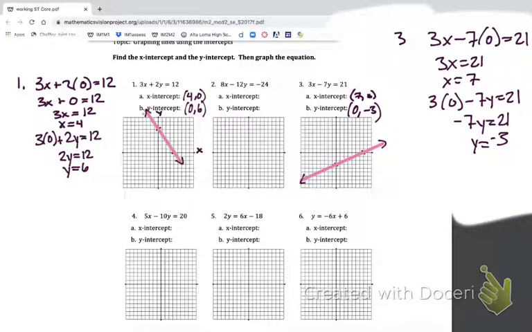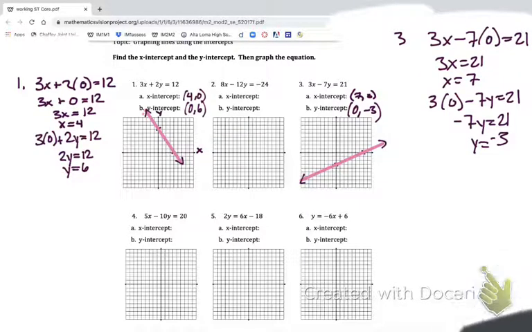Doing one more here, do number 5, and give myself some space. So for number 5, 2y equals 6x minus 18. I can do the same thing if I'm finding the x-intercept. 2 times 0 equals 6x minus 18.